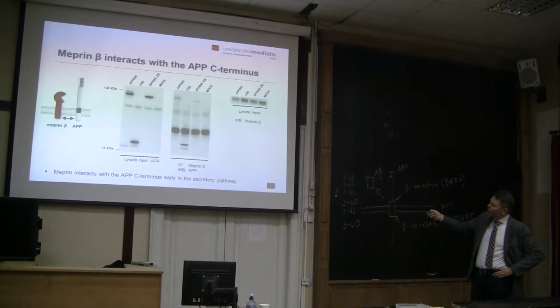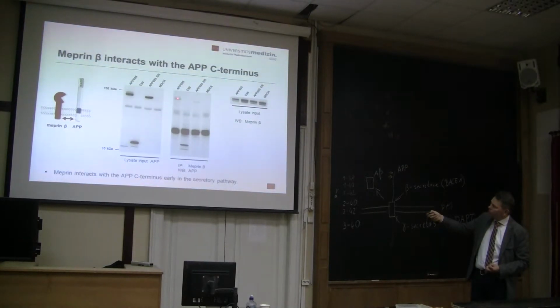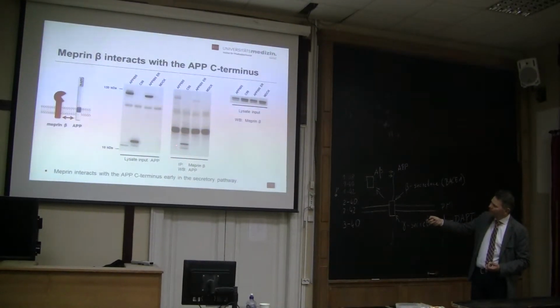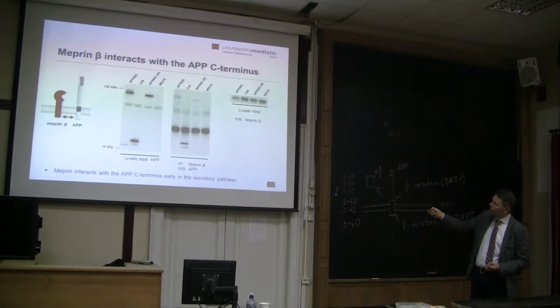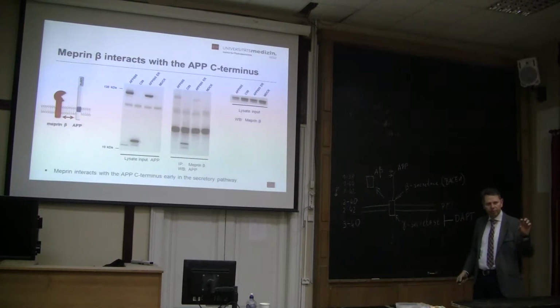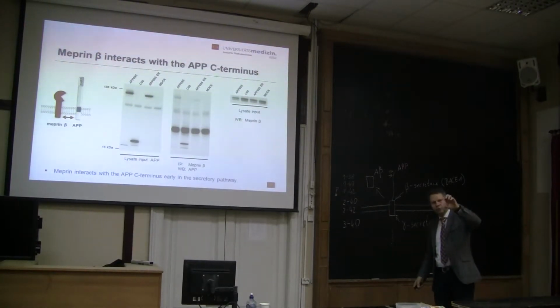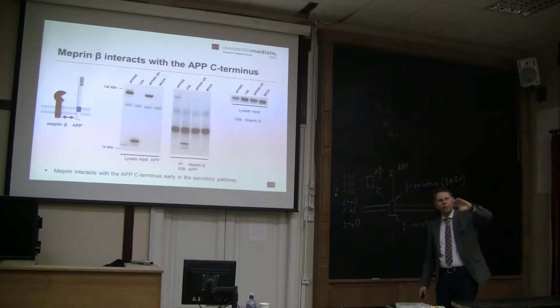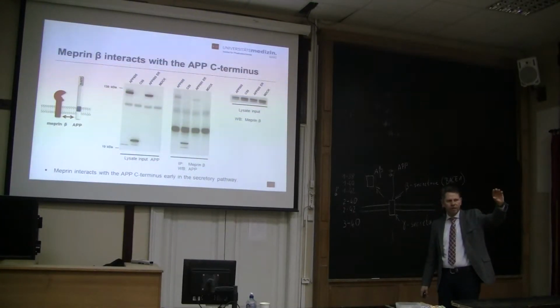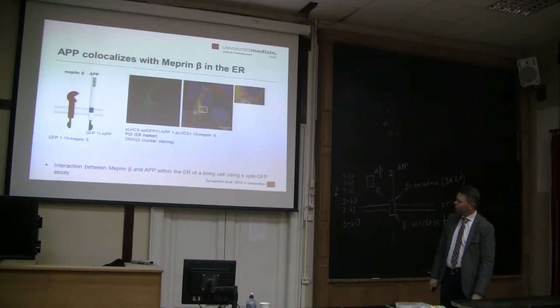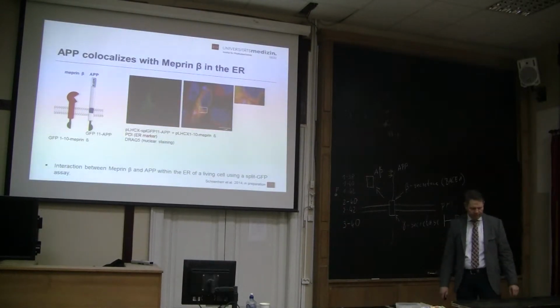And you can see in the co-immunoprecipitation that when we precipitate with maprin and come back for APP, full-length APP binds to maprin, hardly any C-terminal fragment here, but if we express C99, we see something, and when we express APP which is retained in the ER, we have interaction. So we think maprin and APP interact already in the ER, then travel to the cell surface, and on that way, maybe Aβ is generated. Maybe. So can we visualize that?